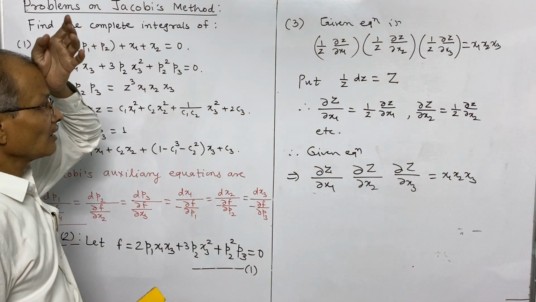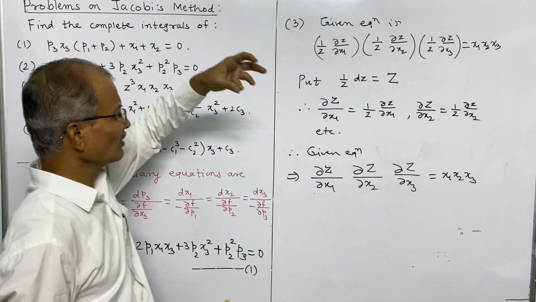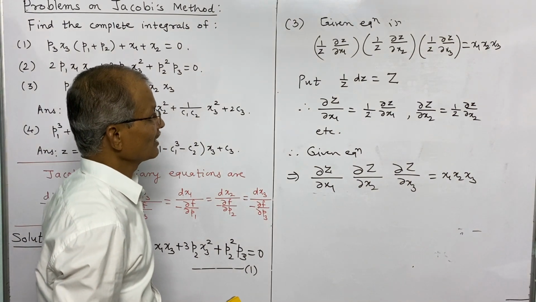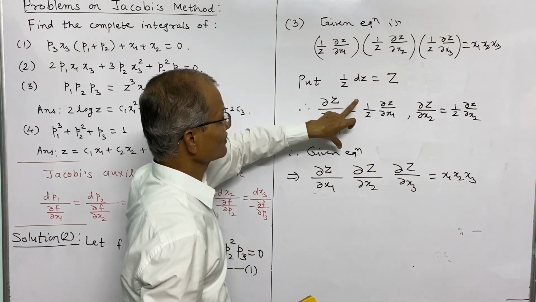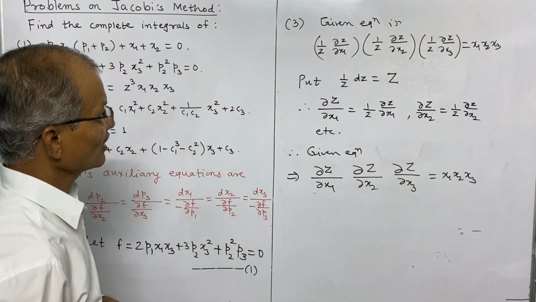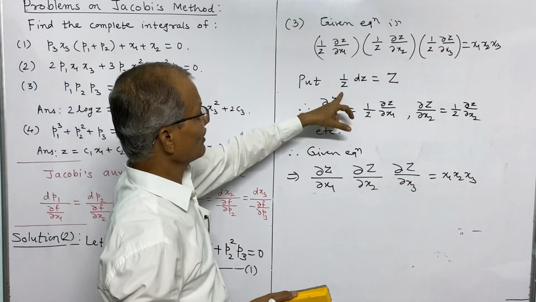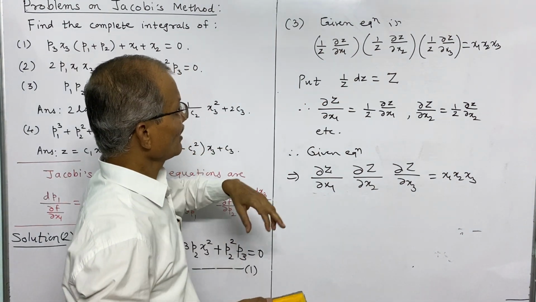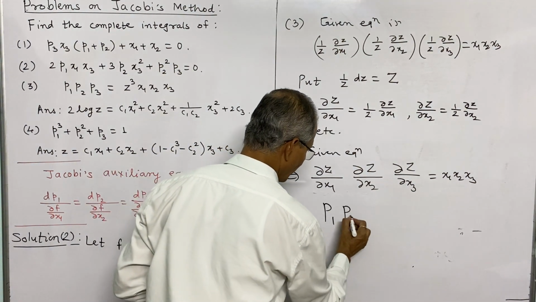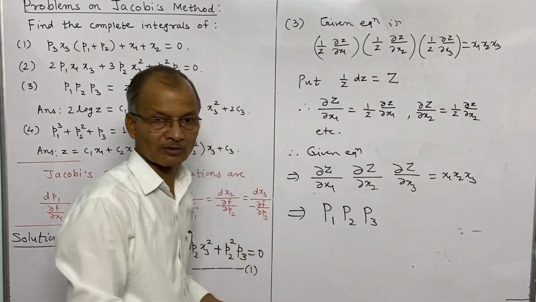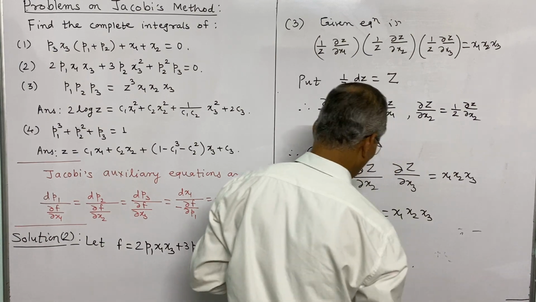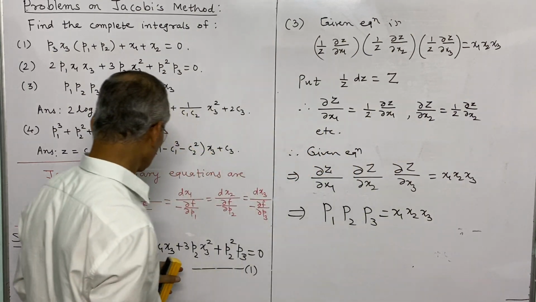Thus, on integration, we have 1 by z dz is capital Z, and we take the partial derivative with respect to x1 on either side, with this 1 by z remaining constant. Now we suppose this as capital P1, P2, P3, equal to x1, x2, x3, and take this as our starting equation.